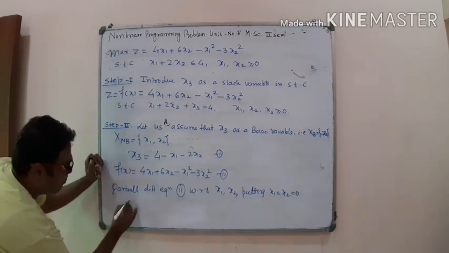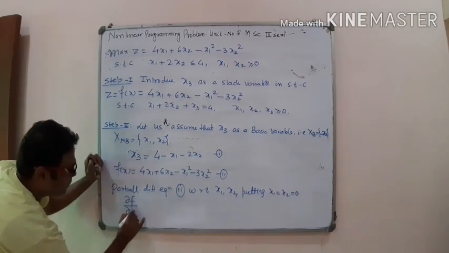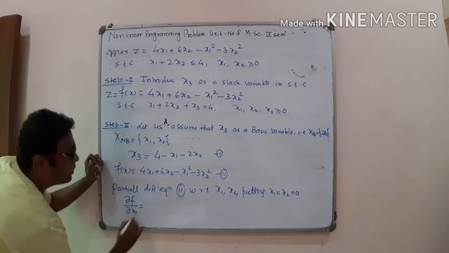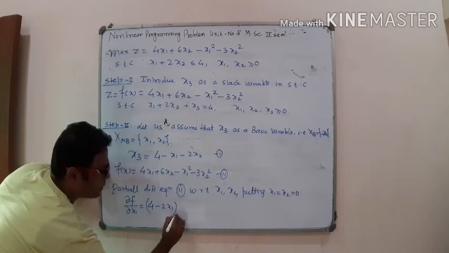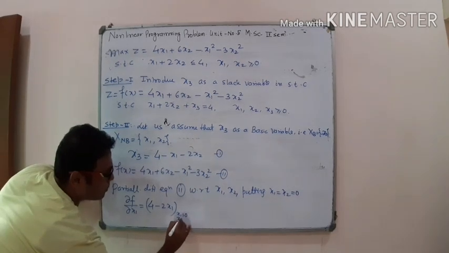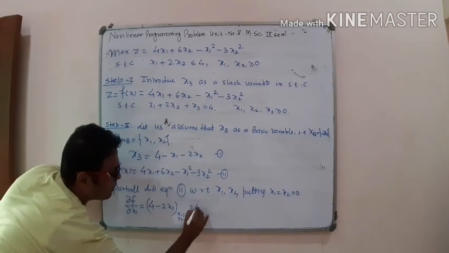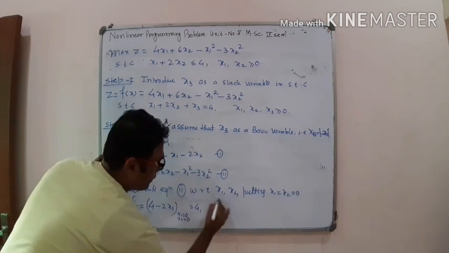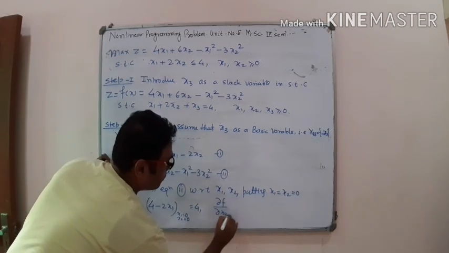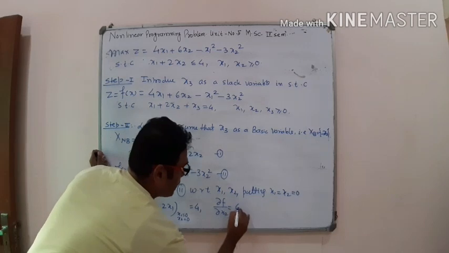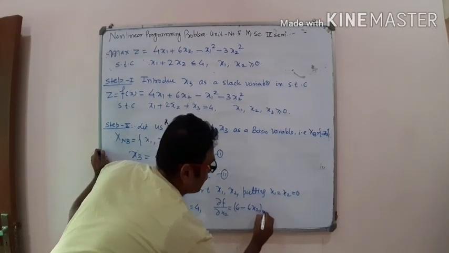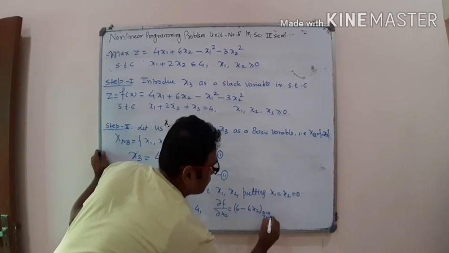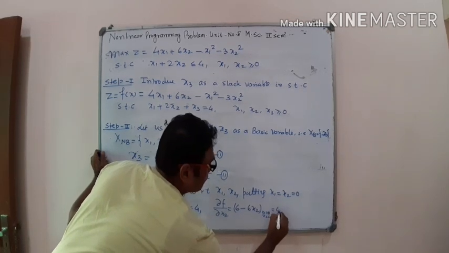So del f by del x1 becomes 4 minus 2x1. Simultaneously we put x1 equal to 0 and x2 equal to 0, then it becomes 4, and del f by del x2 is equal to 6 minus 6x2. Again we put x1 equal to 0 and x2 equal to 0, then it becomes 6.